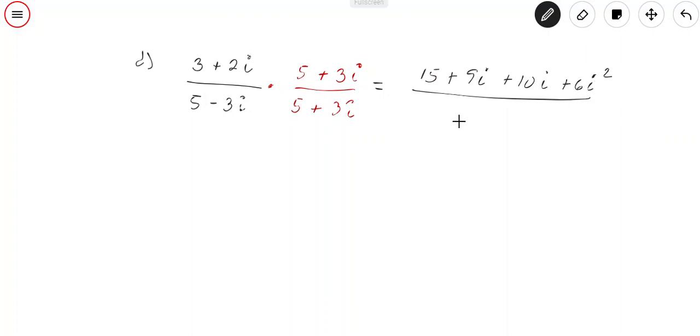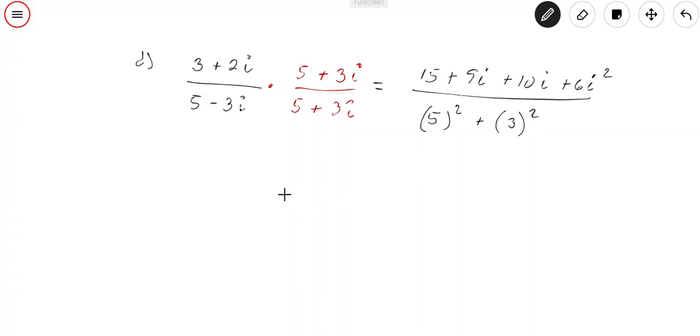And now I will use a shortcut to work with my denominator. As you have seen, we always cancel the terms with i, so there is an easier way to do it. That is to square the real part plus the square of the imaginary part.